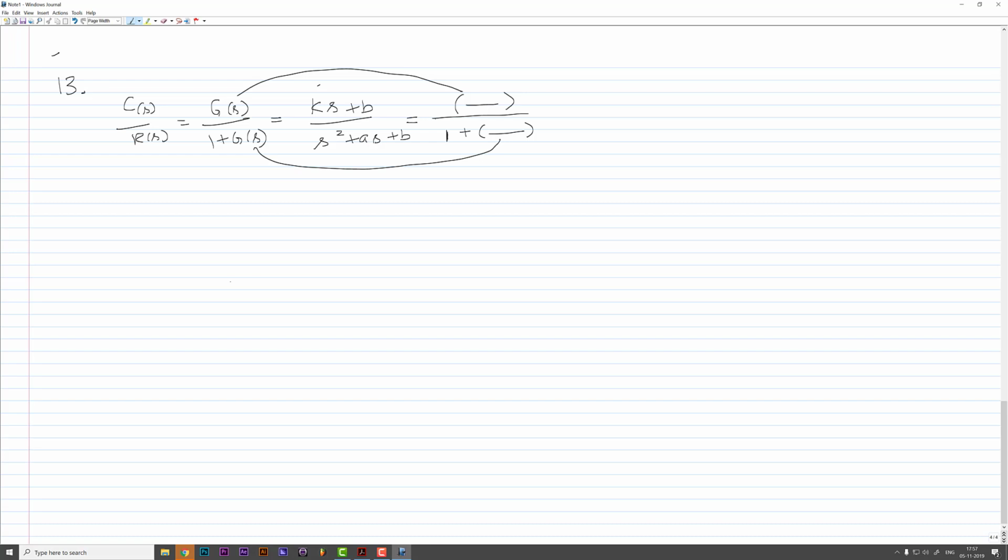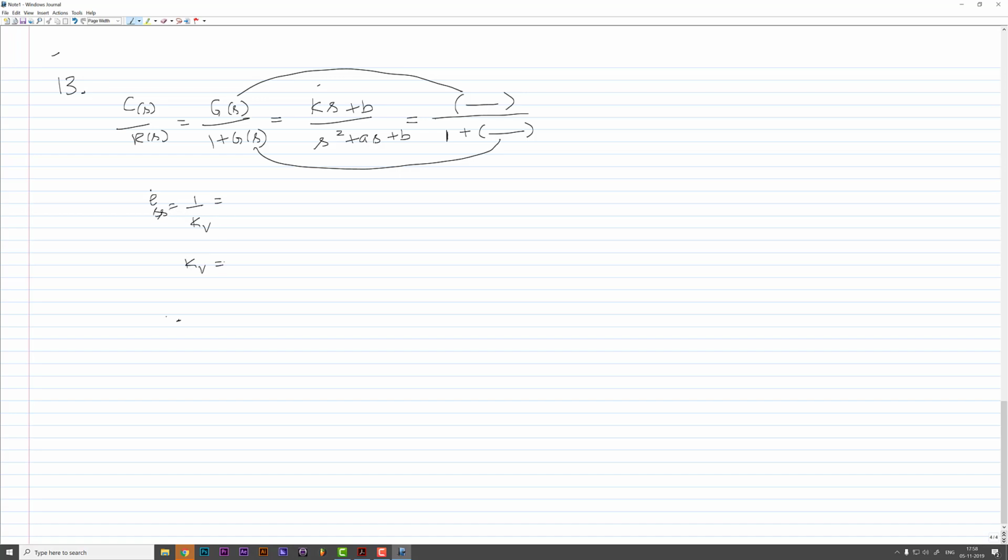Once you get G of s, you can find the steady state error, right? So just see what the system is, what is the type of the system, and you just find out the error for unit ramp. For unit ramp, ess is equal to 1 by Kv. We know what is Kv.